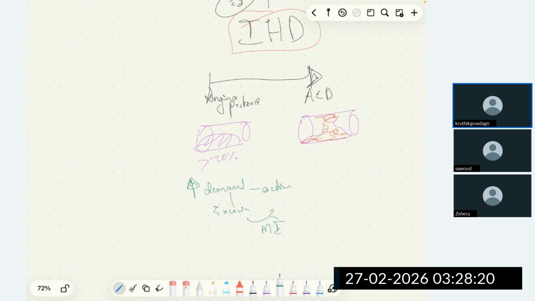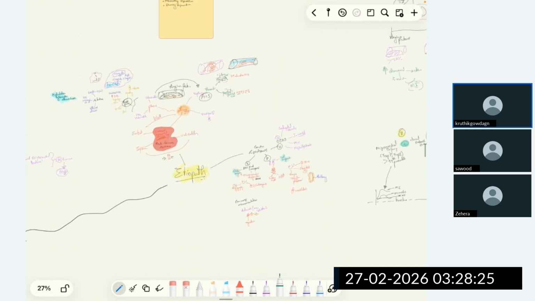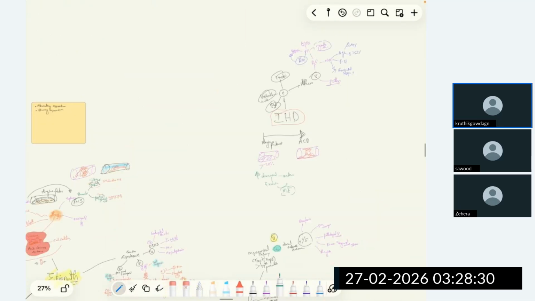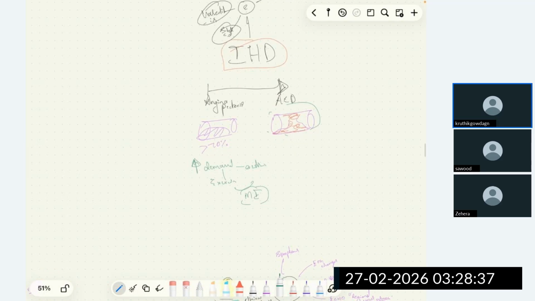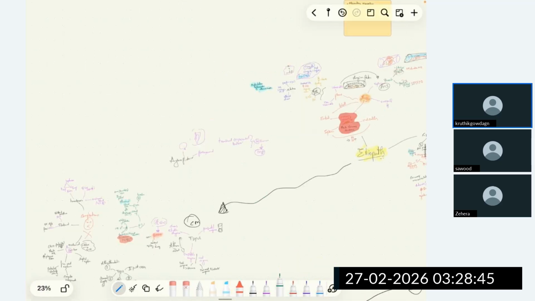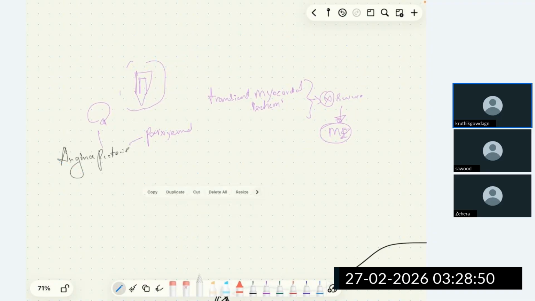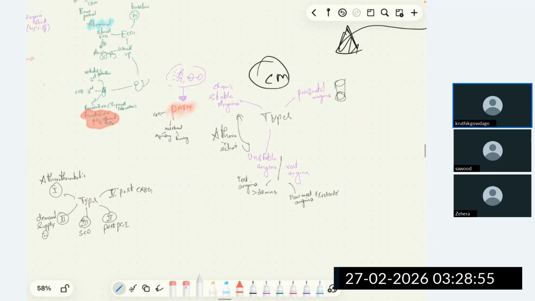But this ischemia is not as severe as in thrombosis, where there is partial or complete block. In thrombosis, it leads on to myocardial necrosis. In angina pectoris, there is a block, but it's not severe enough to cause necrosis, so there is only pain. I hope you understood the definition of angina pectoris. Let's continue with the discussion. So we have chronic stable angina.